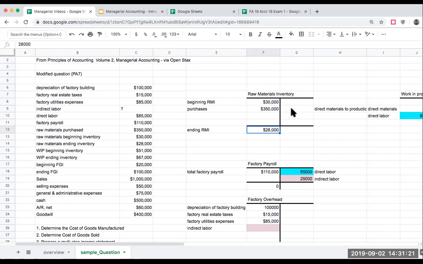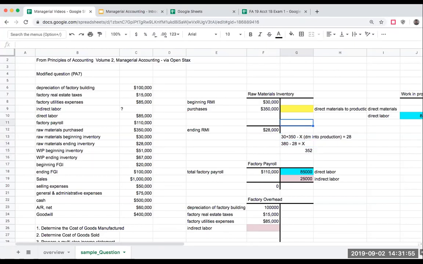The answer is no. Right over here, I need to determine what this value should be. So this is going to be 30,000 plus 350 minus X, or the direct materials into production, equal to 28,000. So this right here is going to be 380 minus 28 equals X, or this is going to be 352.